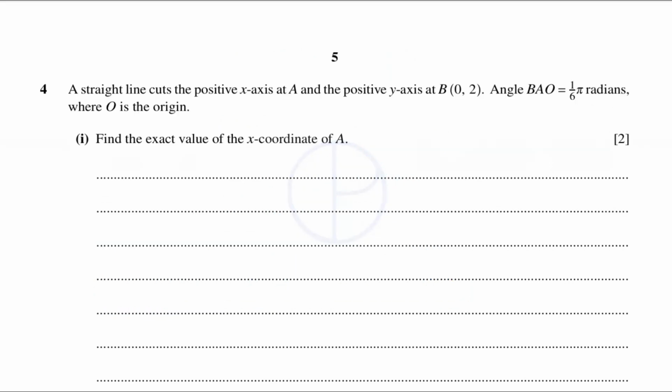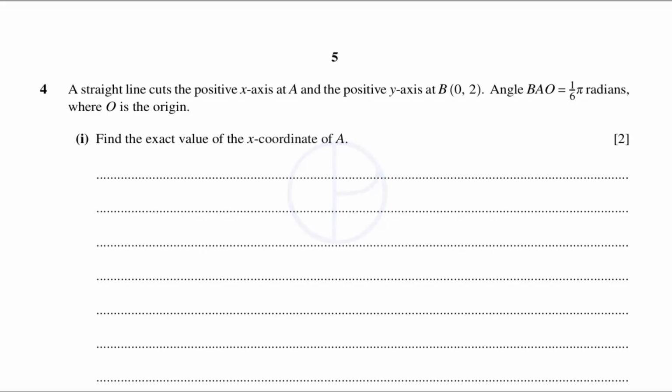The next question is, a straight line cuts the positive x-axis at A and the positive y-axis at B, 0, 2. Angle BAO is 1 over 6 pi radians, where O is the origin.